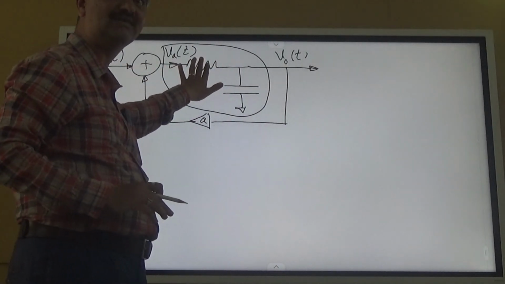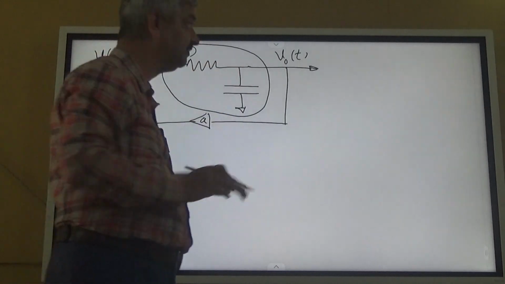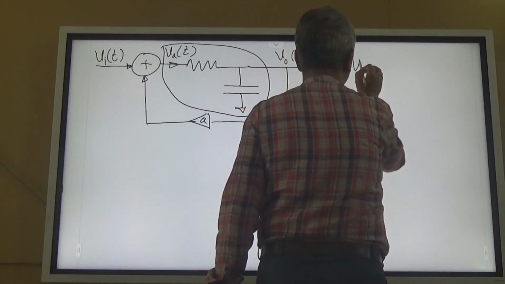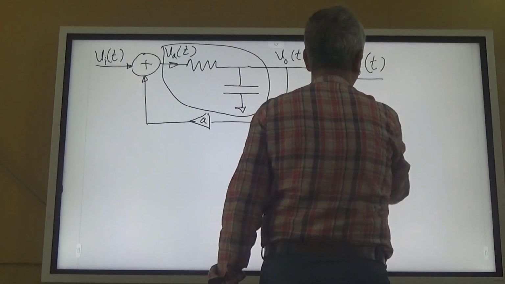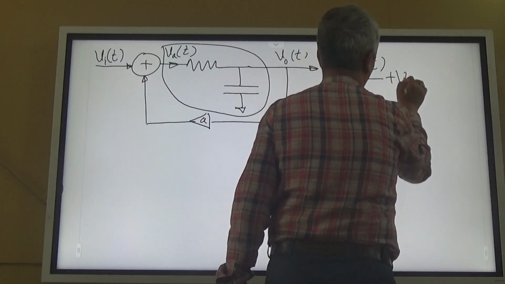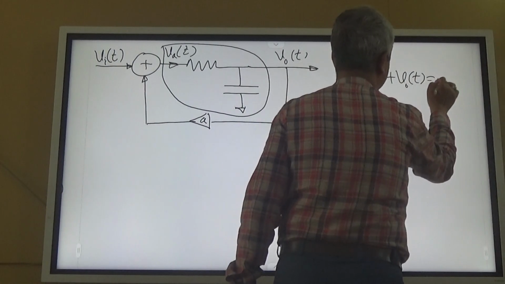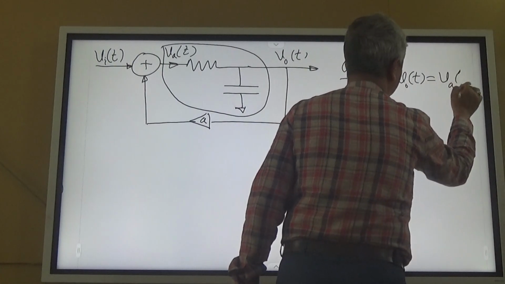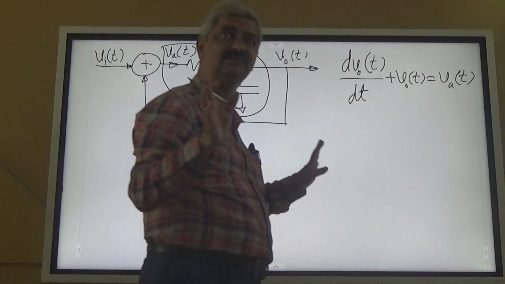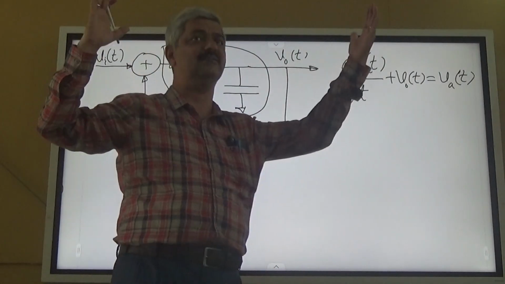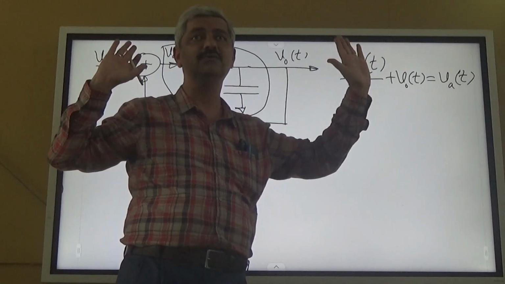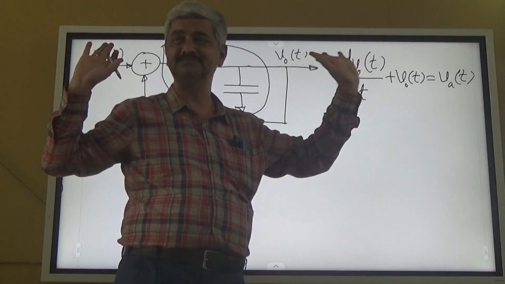So what is the differential equation which you already know? dVout/dt plus Vout is equal to Va. Yes, this we know. But we don't want this. Why? Because we want ultimately something between Vin and Vout.